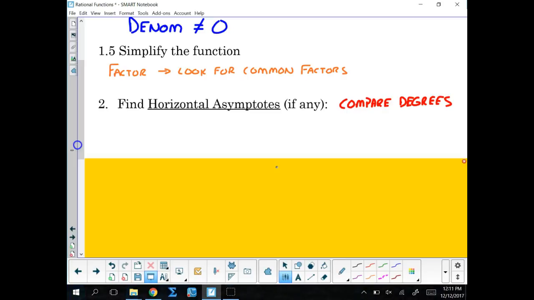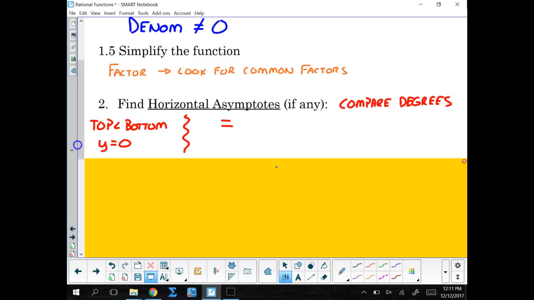Three choices. Top greater, we'll talk about that one later. Bottom greater. What if the bottom is greater? Y equals 0. Another option, bottom and top equal.